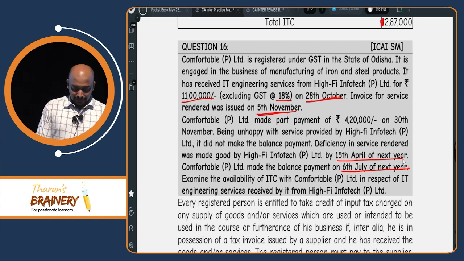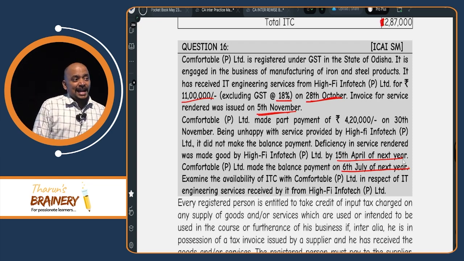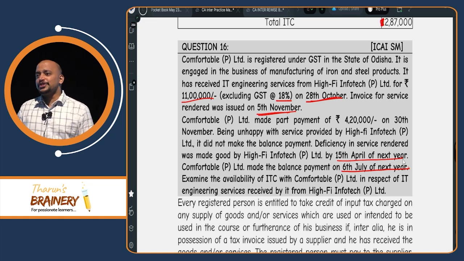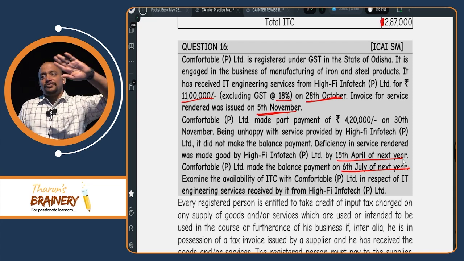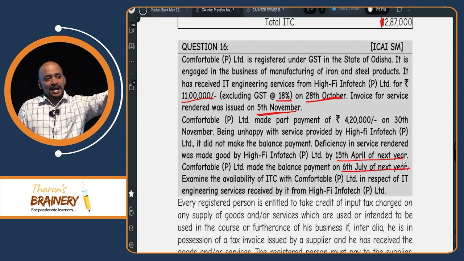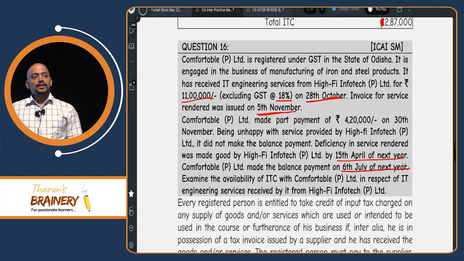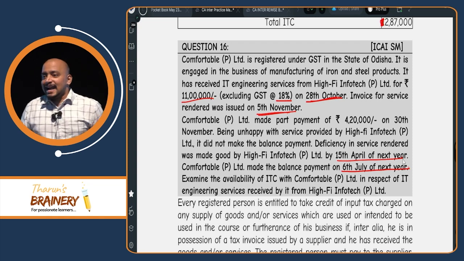How did you get that number? Total 11 lakhs, but 11 lakhs is excluding GST, while the 4,20,000 you paid is inclusive of GST. You understood? So for 11 lakhs, you first add GST at 18%. 11 lakhs plus 18% is 12,98,000.